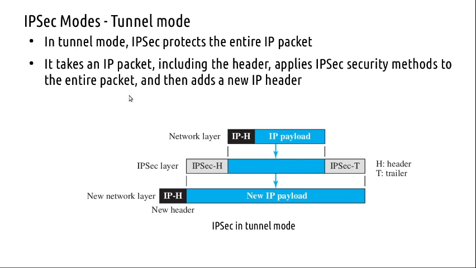Compared to the other case, here you have the payload coming from the network layer, protected with its IP header. Both of these go into IPsec, encapsulated between the IPsec header and trailer, forming a new network layer data unit, and it is transmitted. So it will add a new IP header also.